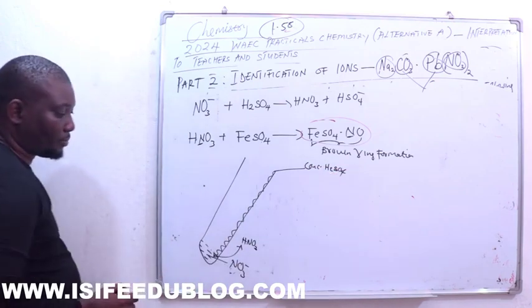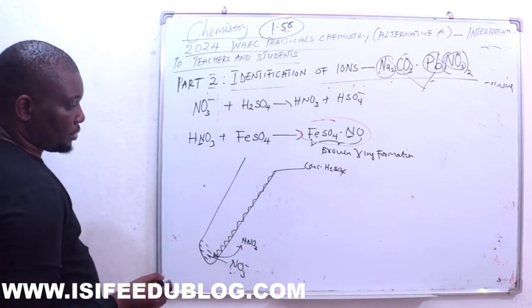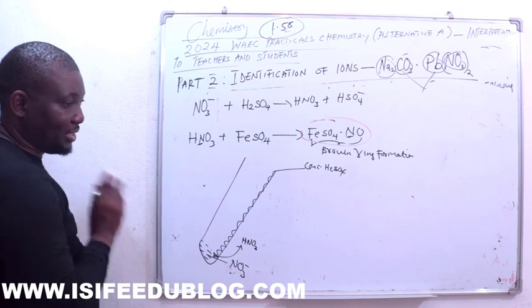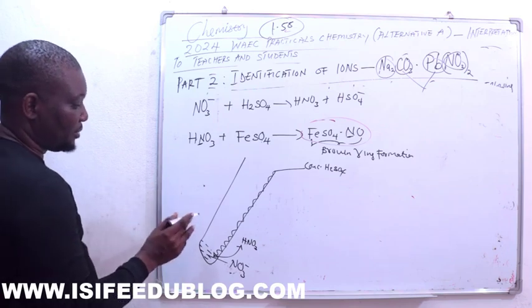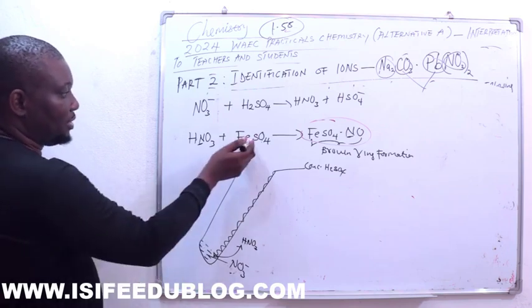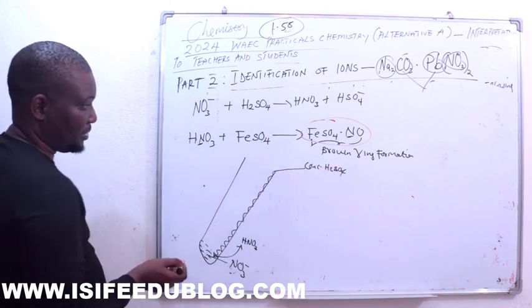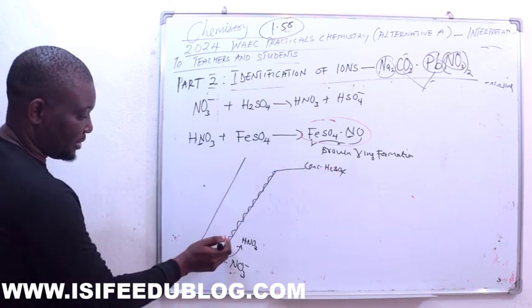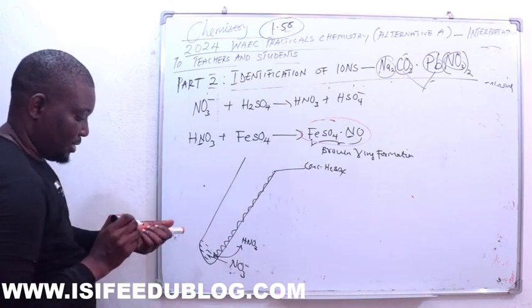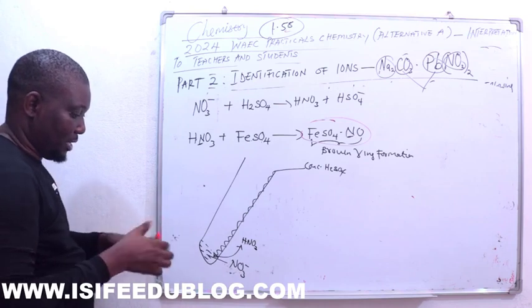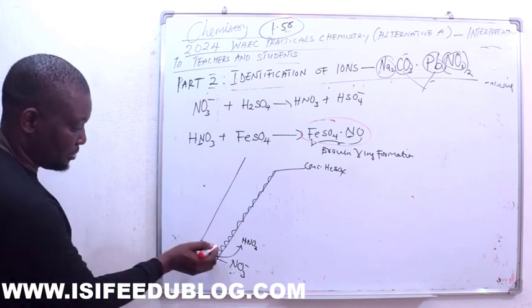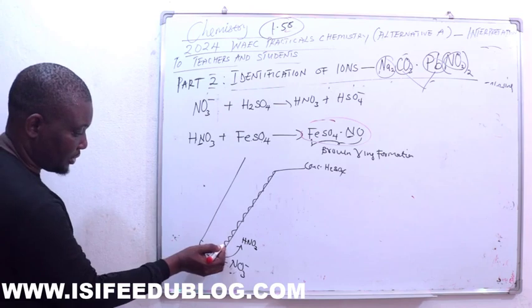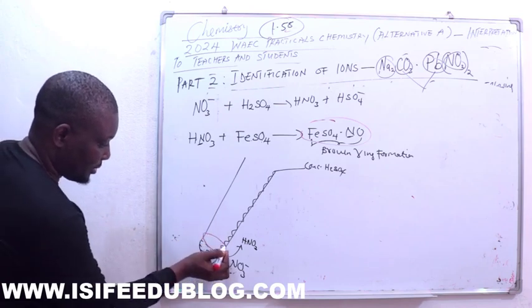The brown ring is formed immediately at the junction. You see it as a ring, like this.